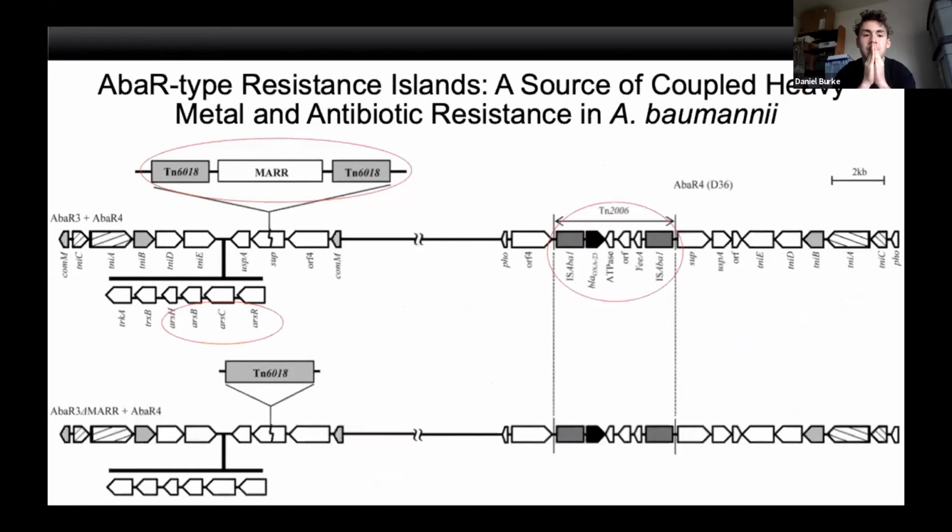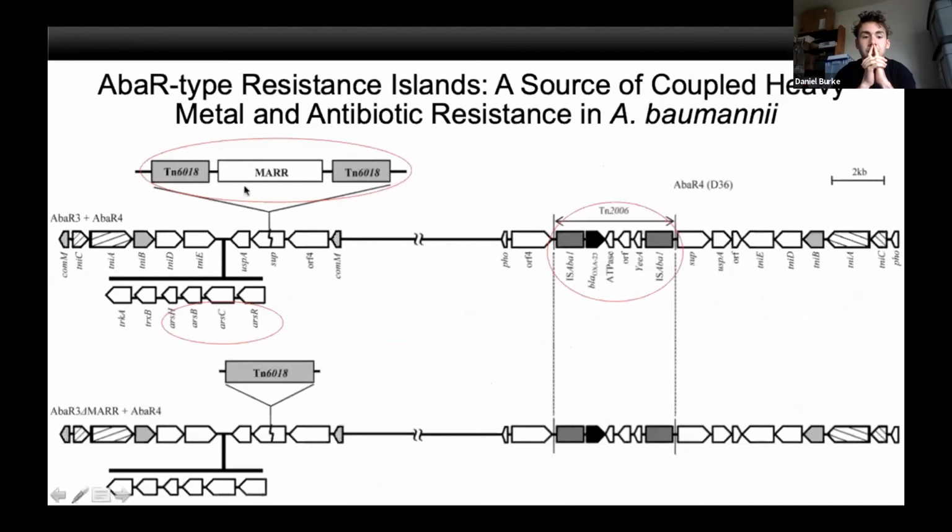So AbaR-type resistance islands were first characterized in the AYE European strain of baumannii, which of course has now become embedded within Iraq's medical infrastructure due to the medical evacuation route that the US has used.